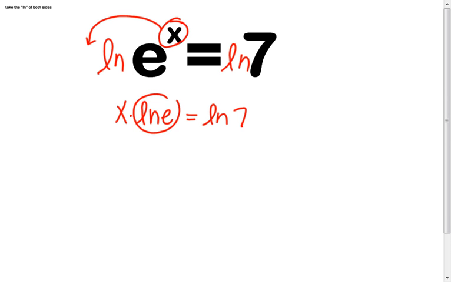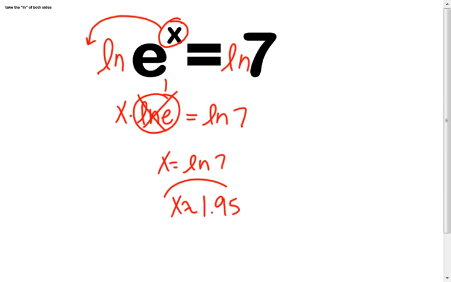This much right here is 1, so I really don't need it. It's 1. So I have x times 1, which is just x, equals the natural log of 7, which then I can type into my calculator, ln of 7, and x should come out to be about 1.95. Okay, and if I plug it in, it is totally legal for me to take e to the 1.95 and get 7. You can check that.